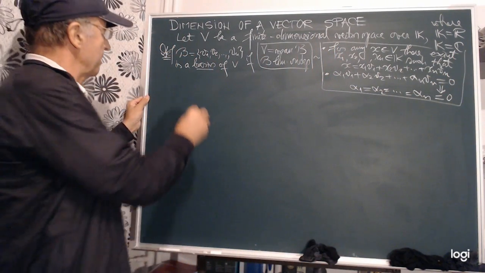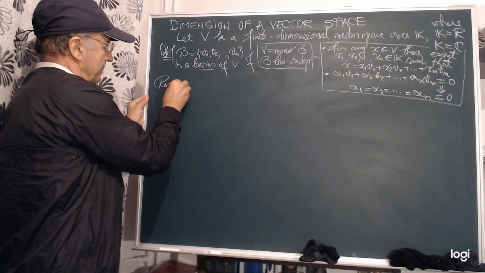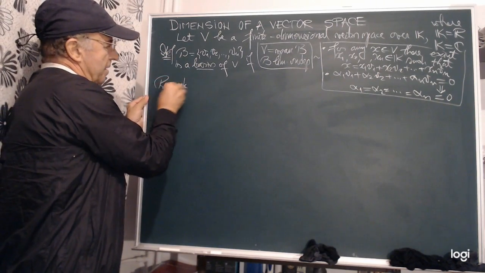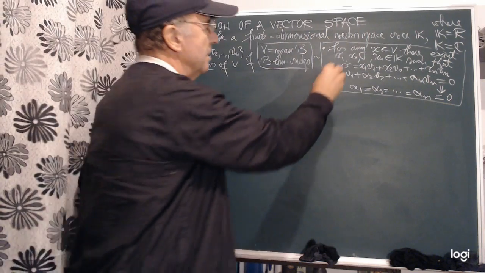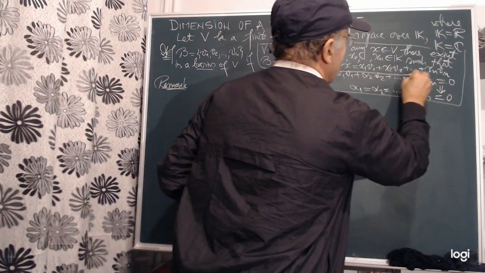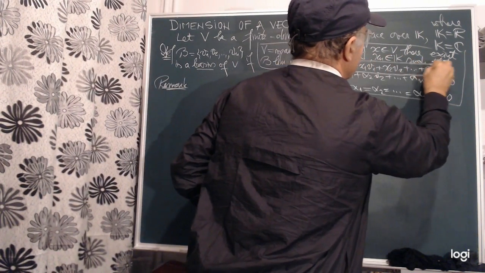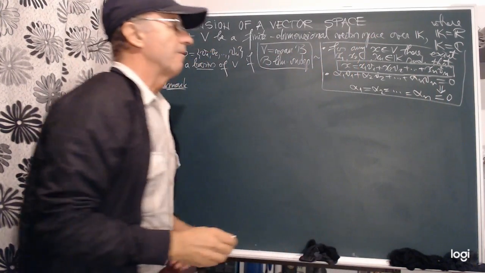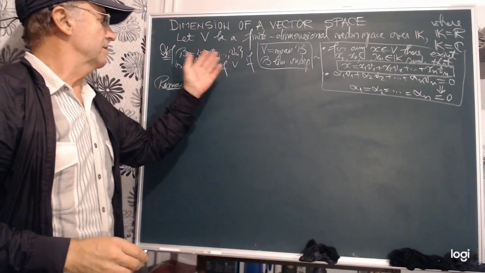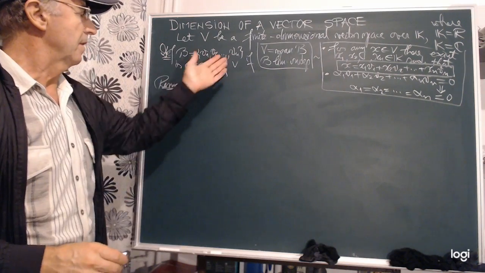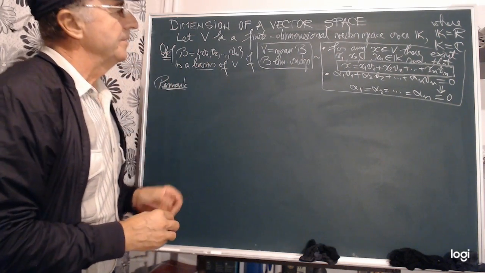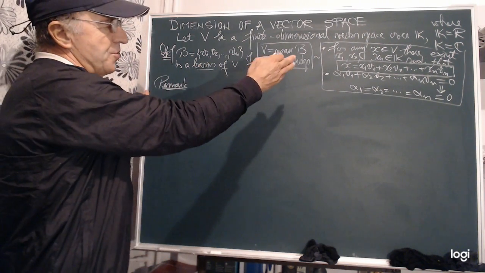A remark: the representation of an arbitrary vector x as a linear combination of the vectors of the basis is unique.